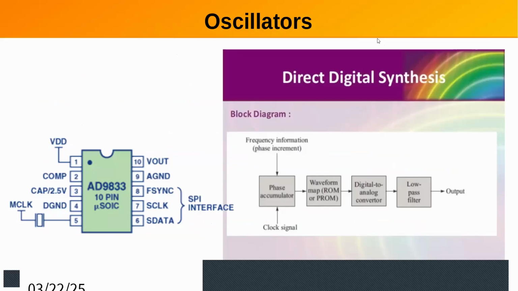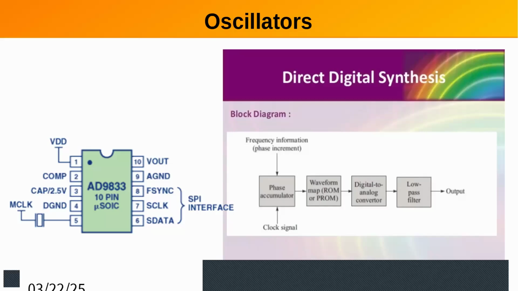This is a typical one. It's all in that one little package and has the whole nine yards in it. You have a clock, which is generated by adding an external crystal in this case. That clock runs into the phase accumulator, which is just a counter. As it counts up, it's addressing different entries in the programmable ROM, or the PROM.